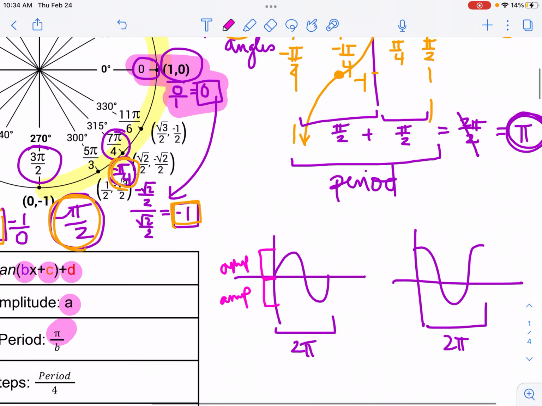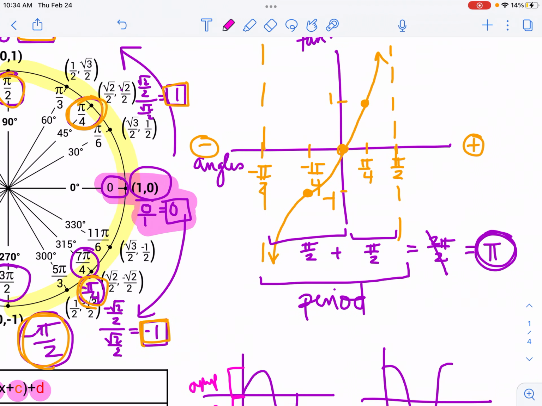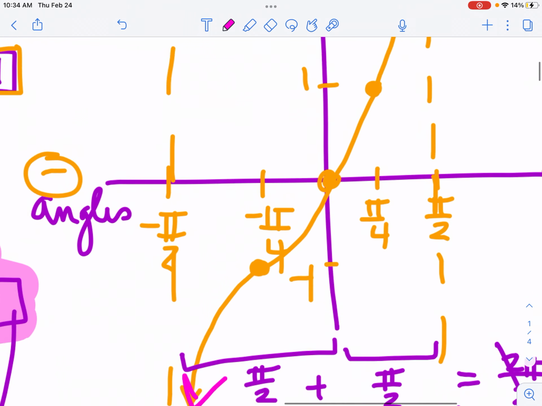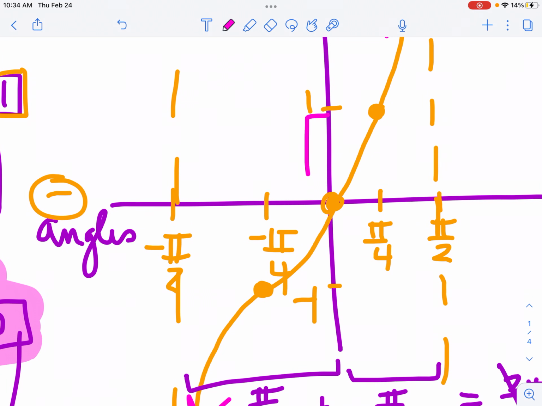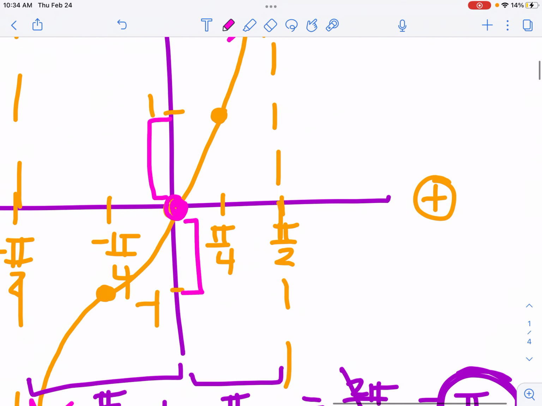If we come to our tangent graph, we don't have a highest or lowest point because our graph is continuous in both directions. So what does the amplitude represent? It represents the distance for our key points here. We have a center point that's always going to be on our midline.